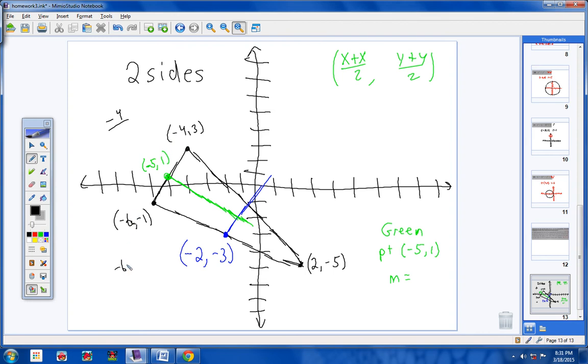Negative 6 minus a negative 4. That's negative 6 plus 4. That's negative 2. So I have negative 4 over negative 2. Well, a negative 4 over a negative 2 is a positive 2. So the black line slope here is negative 2. Or positive 2, excuse me. It'd be a positive 2.